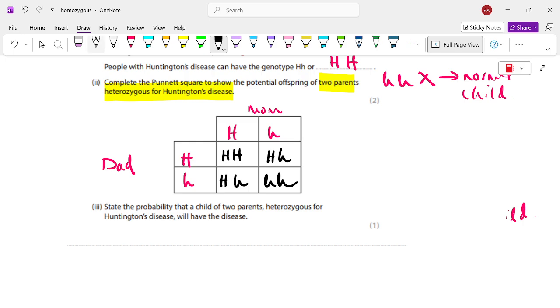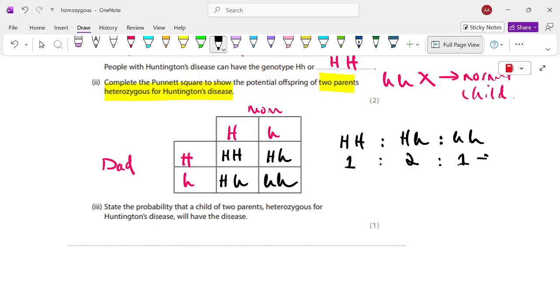Let's break down everything and explain what we got as our gametes. So we have four gametes, right? And the different types we have: capital H capital H, capital H and small h, which we got twice, so we're just gonna write it once, and then we have small h small h, okay? This we got one square, right? This we got two squares, and this we got only one square, okay?